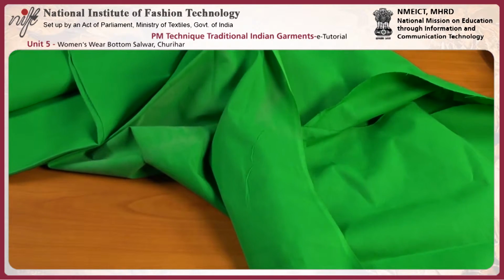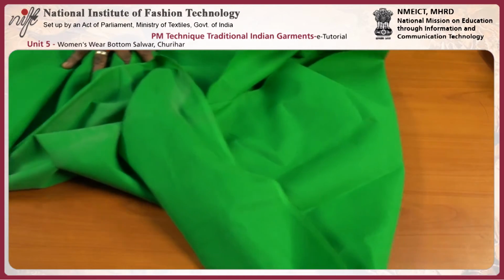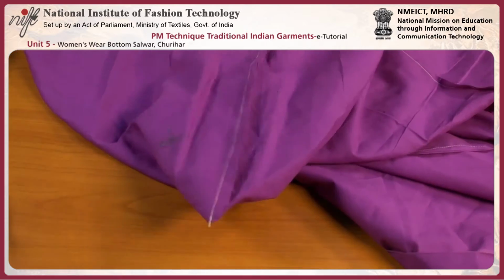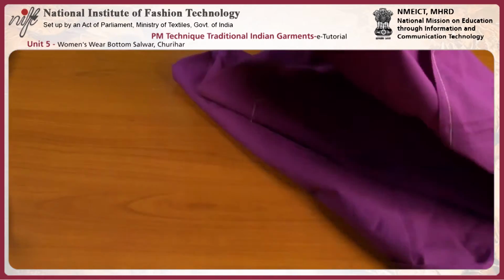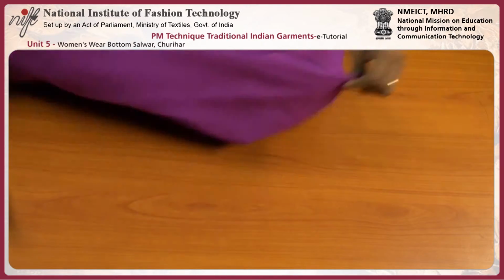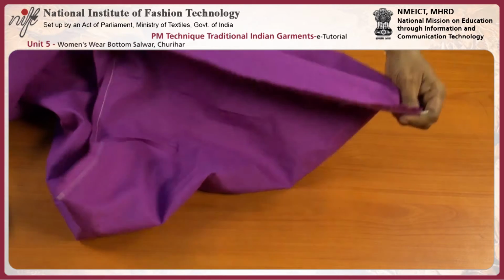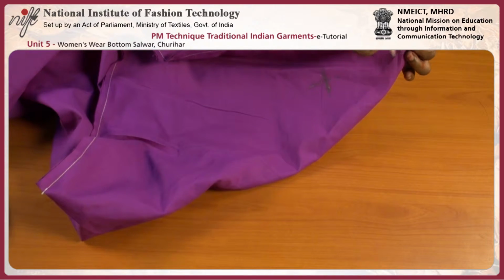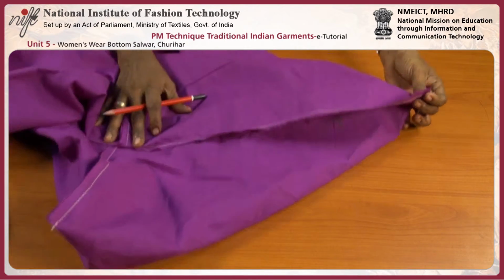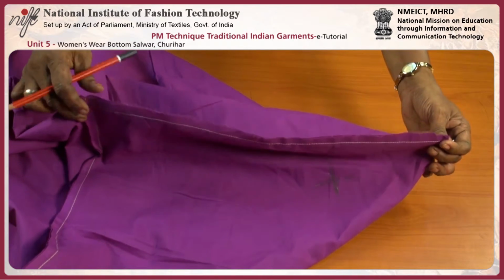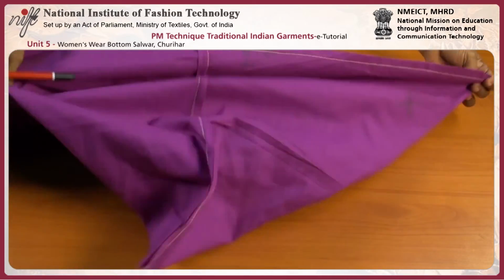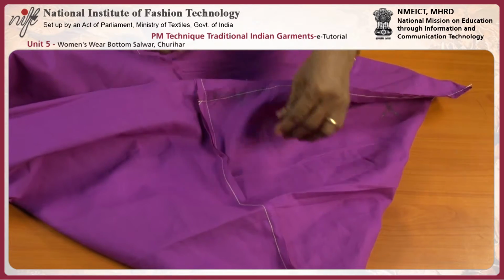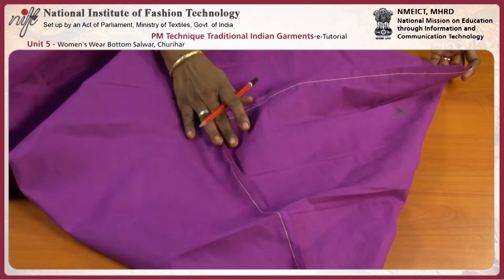So we stitch the piece first at the cross grain by matching the selvage, and then we place at the middle of the fabric, middle of the fold.